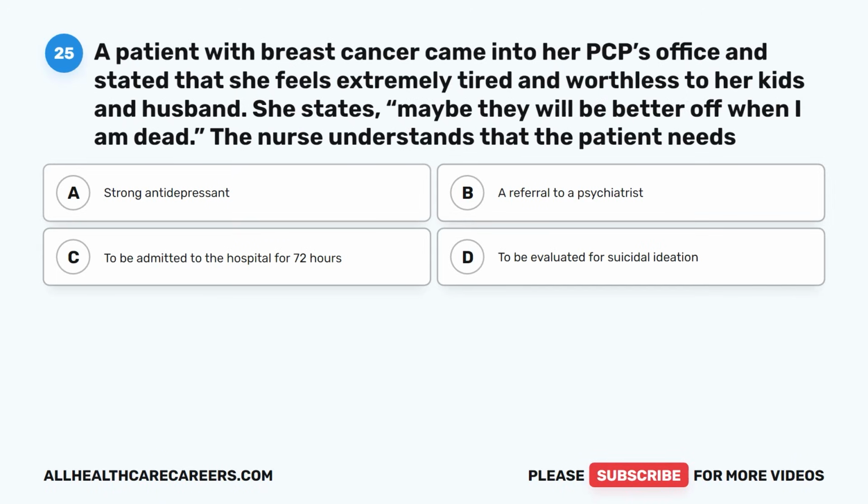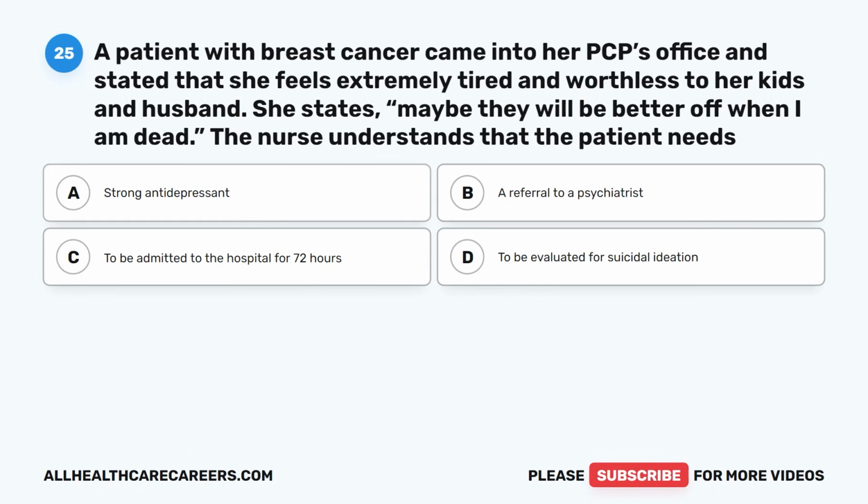Question 25. A patient with breast cancer came into her PCP's office and stated that she feels extremely tired and worthless to her kids and husband. She states, "Maybe they will be better off when I am dead." The nurse understands that the patient needs A. Strong antidepressant. B. A referral to a psychiatrist. C. To be admitted to the hospital for 72 hours.